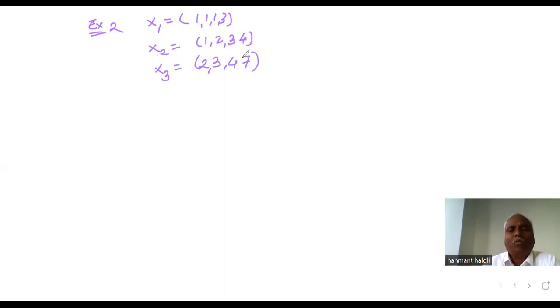Now, without solving, how to check are they related or not? This is a very important simple trick that you can just observe. Here 1, 1, here 2. Here 1, 2, here 3. Just observe the first component of all vectors. If you add these two, you get this one. Means if you add x1 plus x2, you get the x3 component.